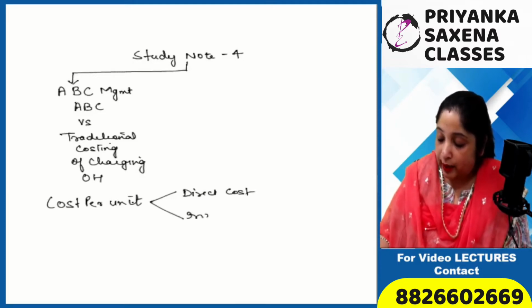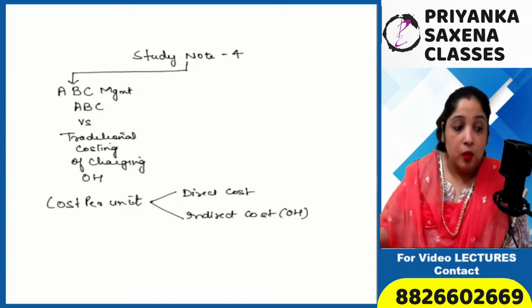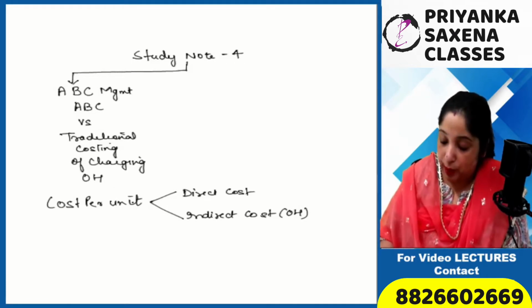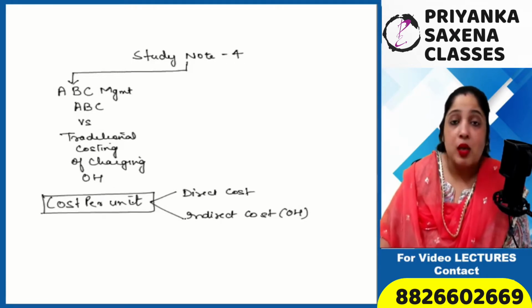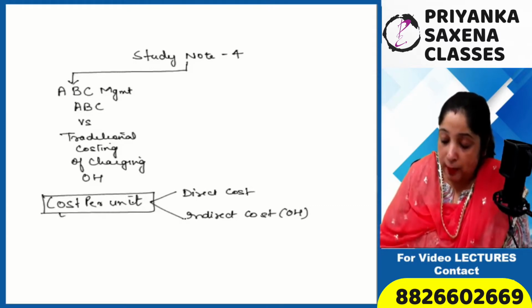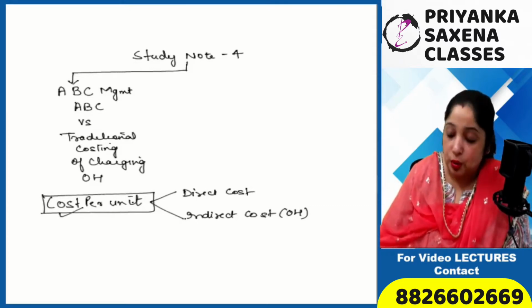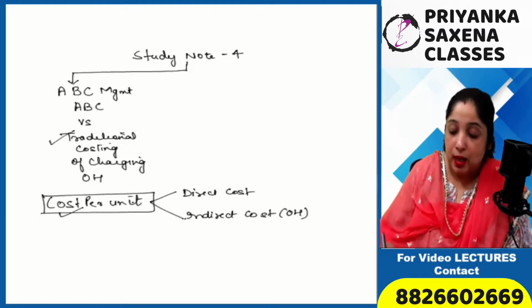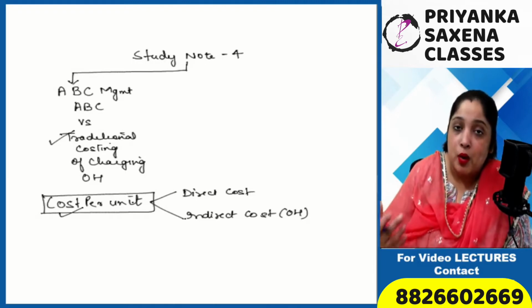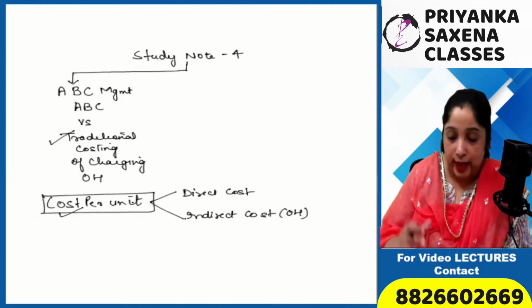Indirect cost is called overheads. Direct cost can be directly attributable, measurable to the production. But indirect cost has to be apportioned, has to be allocated in computation of cost per unit. So, traditionally there was a different method, but now ABC is a more recognized method of charging overheads.